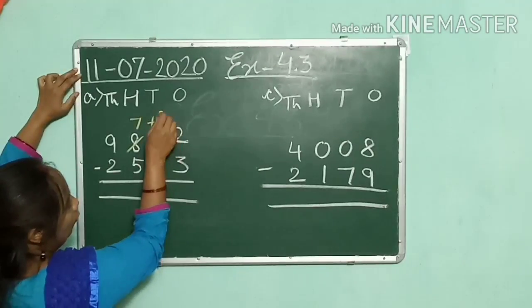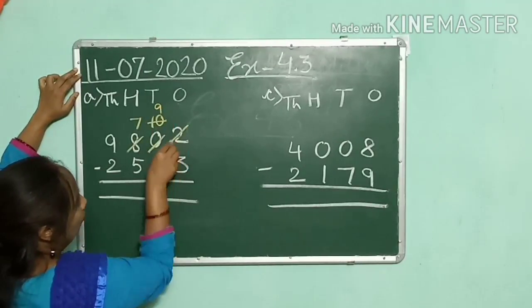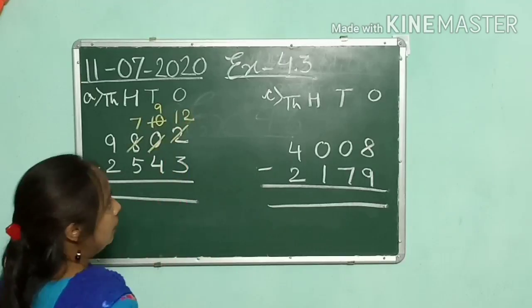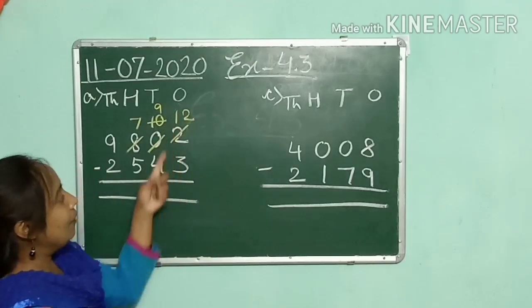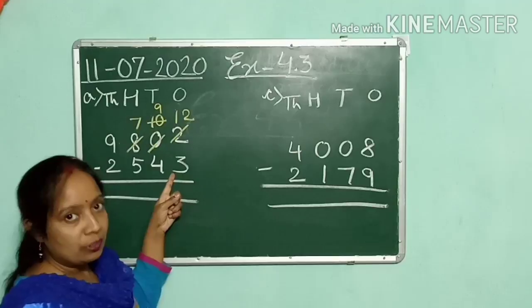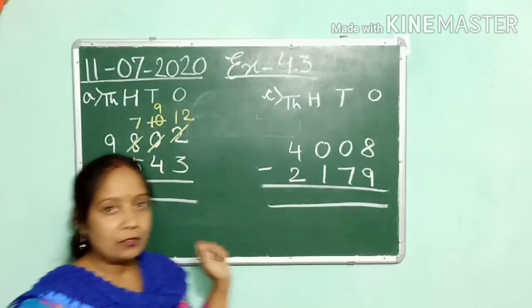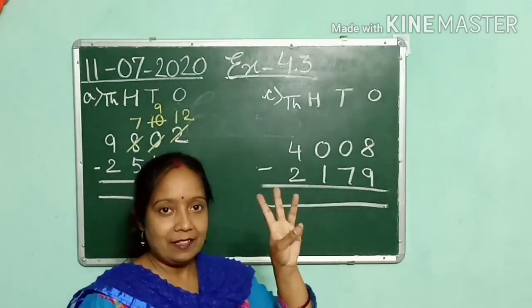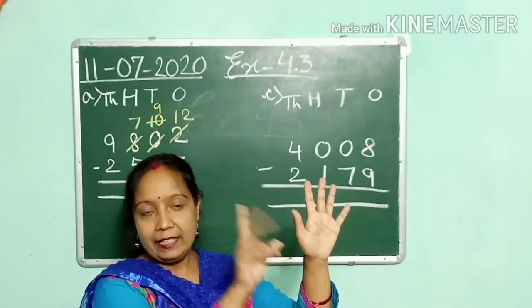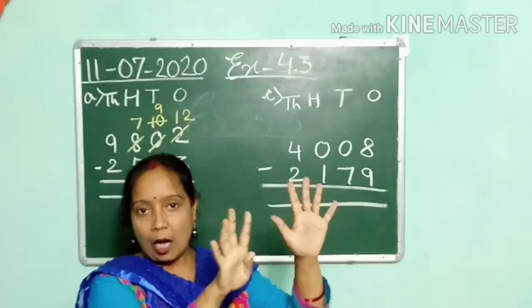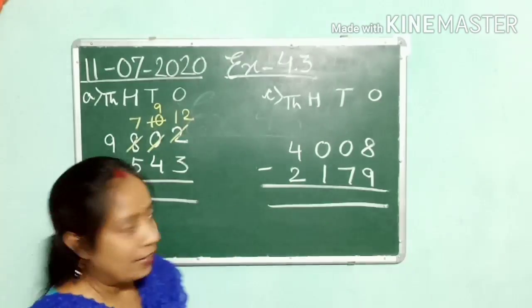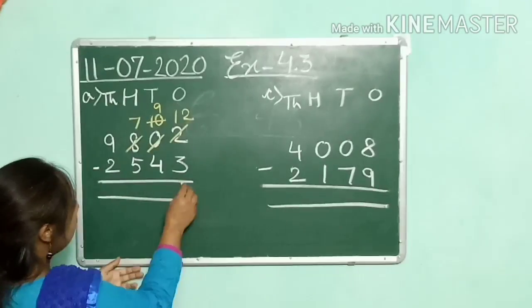So 10 becomes what? 9. And 2 becomes 12. Now you have to subtract this 12 and 3. So after 3 you start counting till 12. So after 3, 4, 5, 6, 7, 8, 9, 10, 11 and 12. How many? 9. So you write here 9.